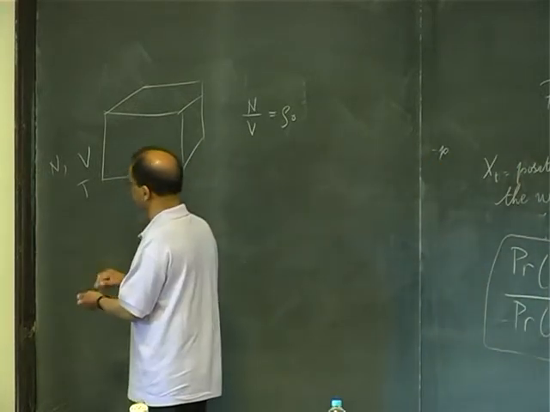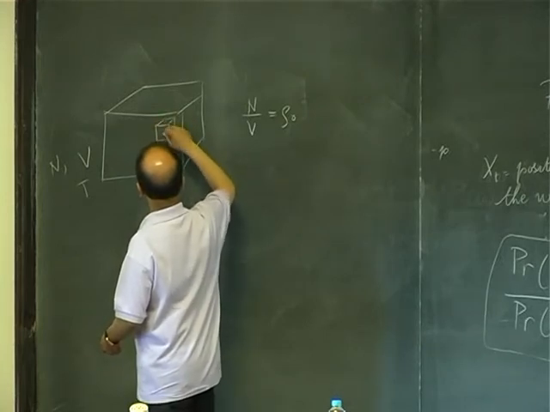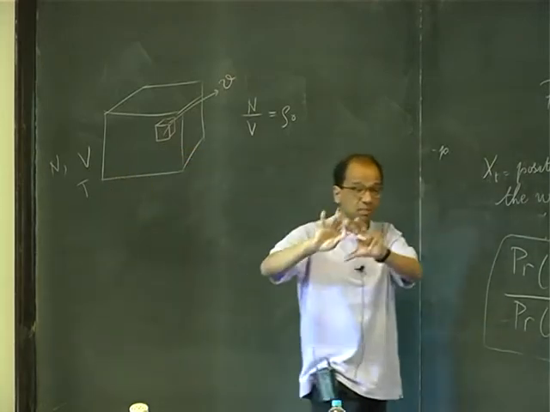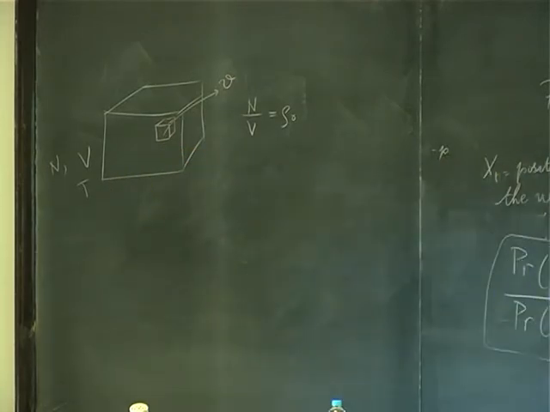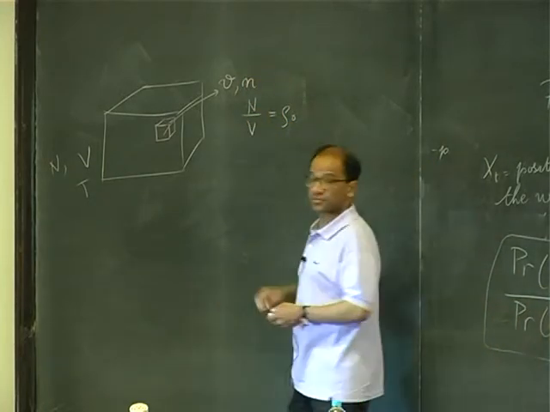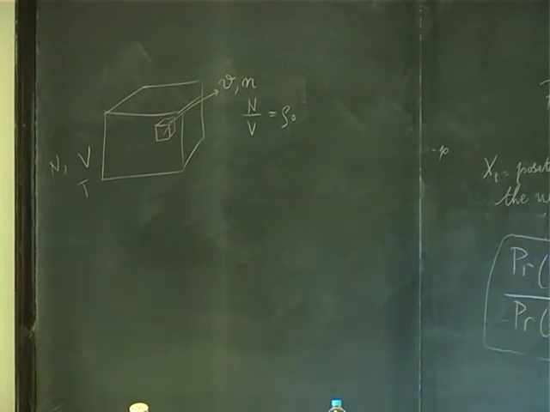But suppose I do an experiment and I take a much smaller volume, small v, typically 1 liter, somewhere in the room, and I count how many particles I have in this smaller volume. I do this experiment many times, again and again.